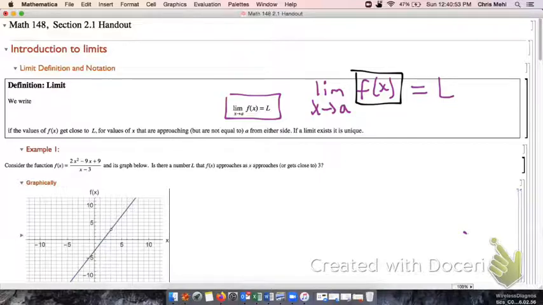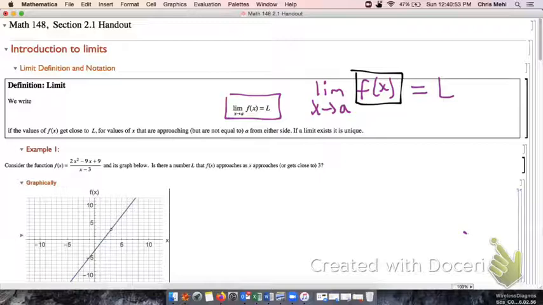So there are times where limits of a function at a particular x value do not exist. Okay, and there are times where a limit does exist and equals some number. And again, all a limit is really the behavior of a function for some value that's not necessarily in your domain, but something that the values of x approach.